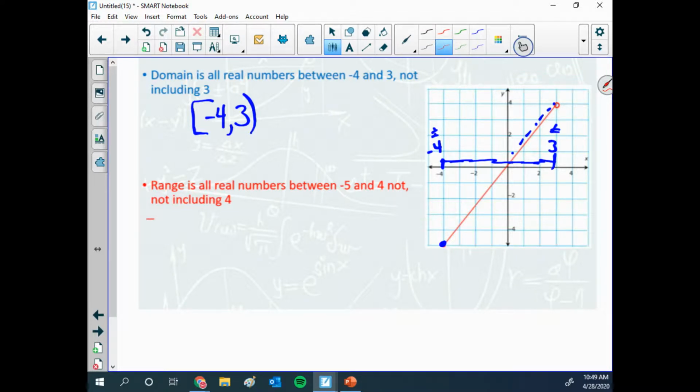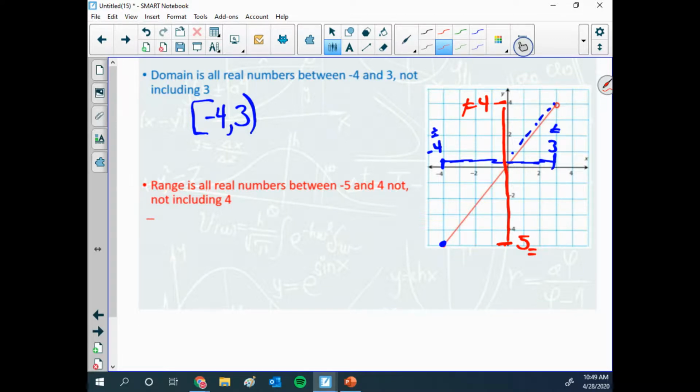Next one says, for expressing the range is all real numbers between -5 and 4, not including 4. So they're saying, you can go all the way down to -5 here, and you can equal it, and you can then go all the way up to 4, and we can't equal that number. But I want to express that in interval notation.